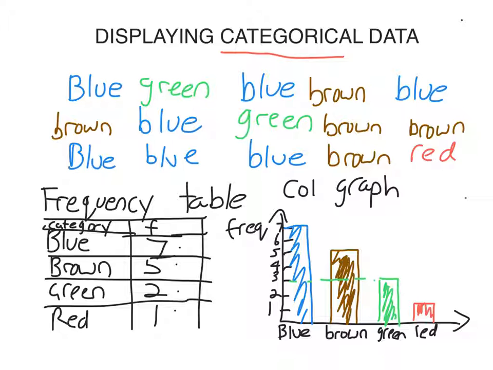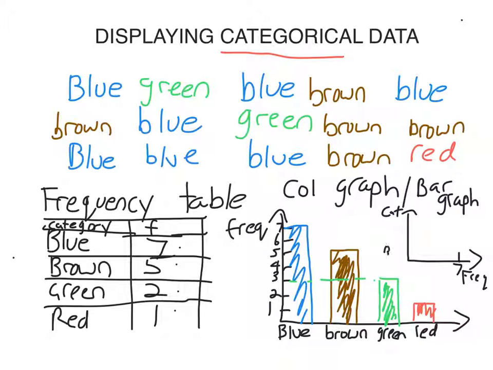Now, the other type of display you need to be aware of is a bar graph. A bar graph is actually the same as a column graph, but it's just on its side. If I was going to do that, I would have the categories across the vertical axis, and I'd have frequency across the horizontal axis.